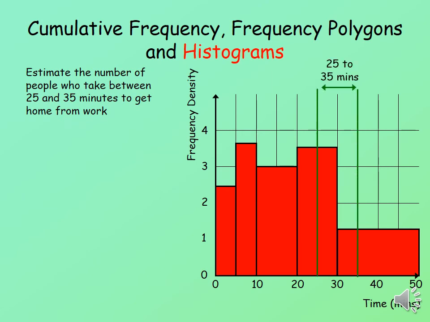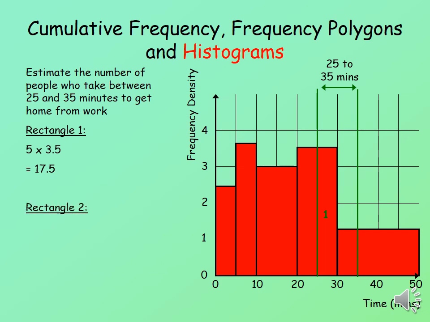Okay, so they are there. So as you can see, there are two rectangles there. The first one, it measures 5 and the density was 3.5. So the total there is 17.5.